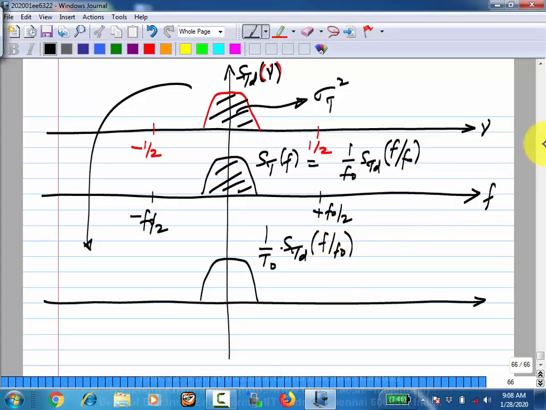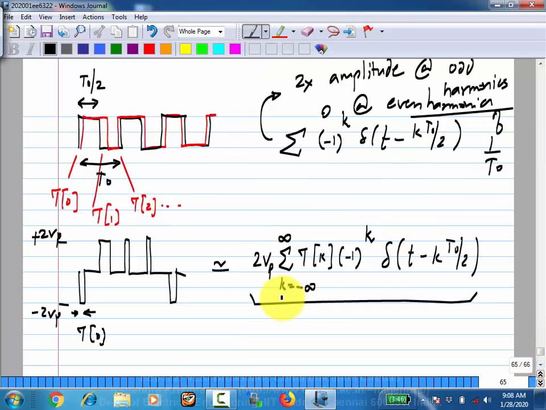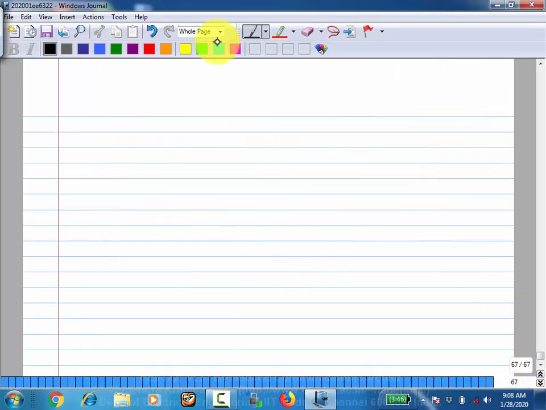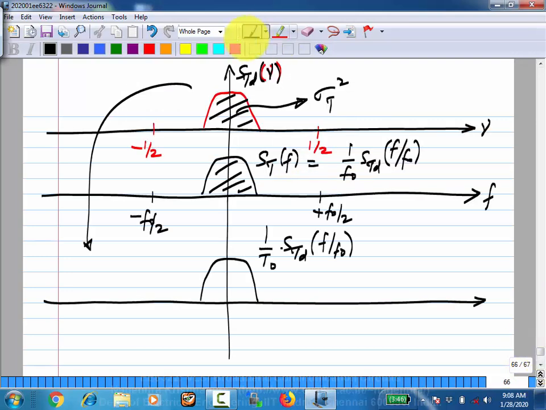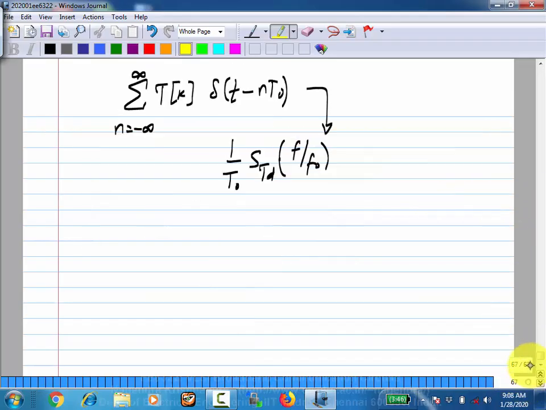Okay. So now if you look at this signal, this will have a spectral density that is, okay, and if I express it in terms of this one, S tau of f, I will essentially get one more f naught.